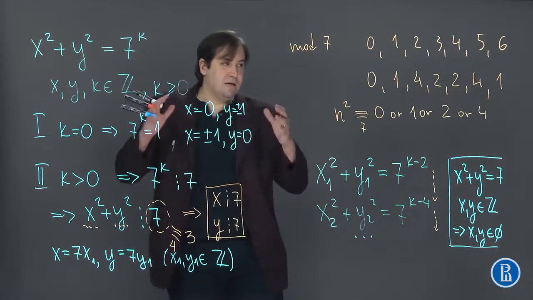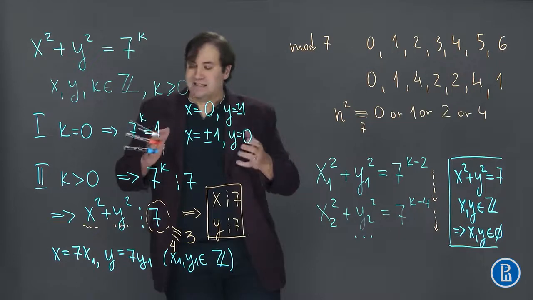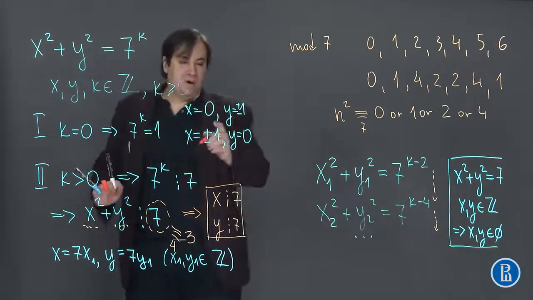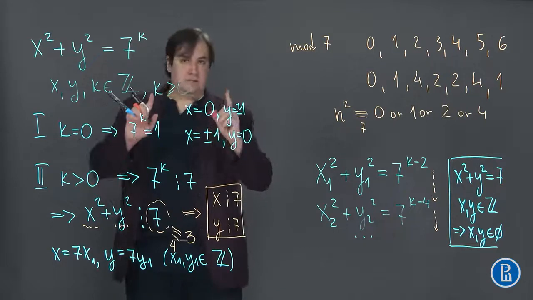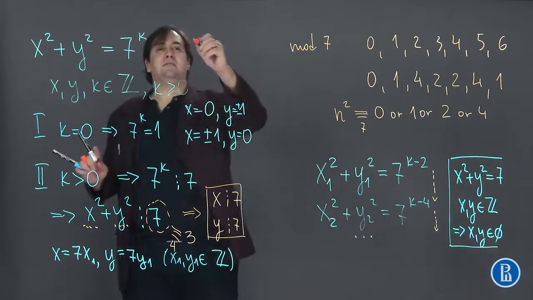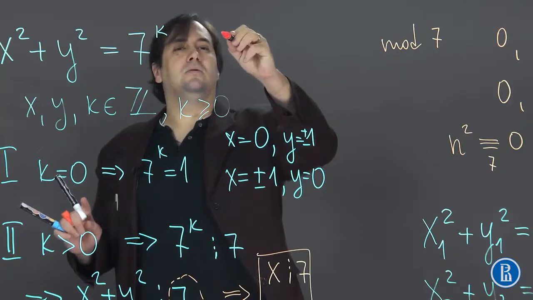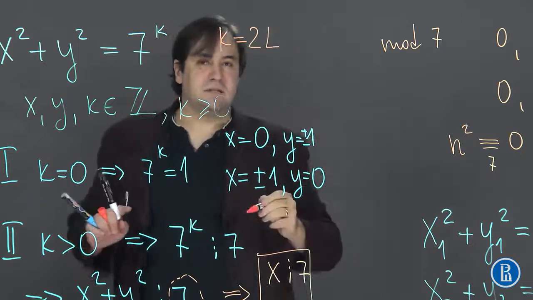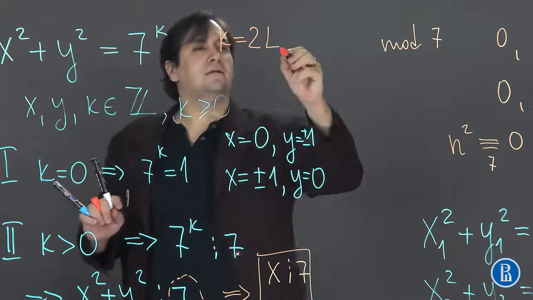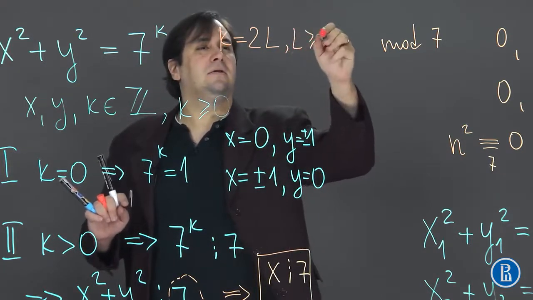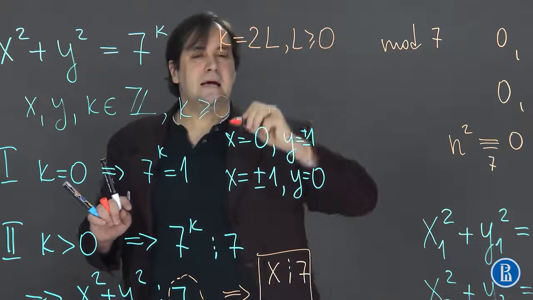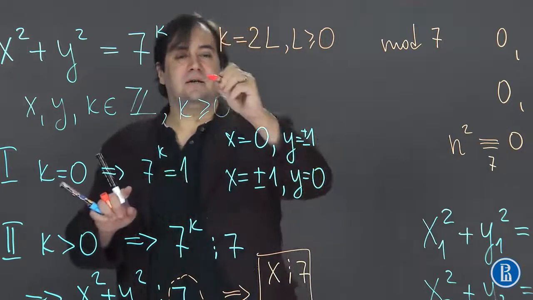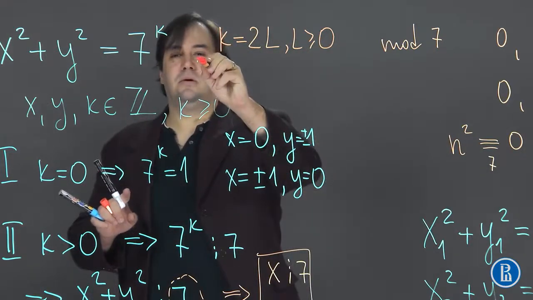So eventually, we can say that, first we start from k. k must be divisible by 2. So we can say that k is 2l, for instance, where l is non-negative. And x and y, one of them is equal to 0.